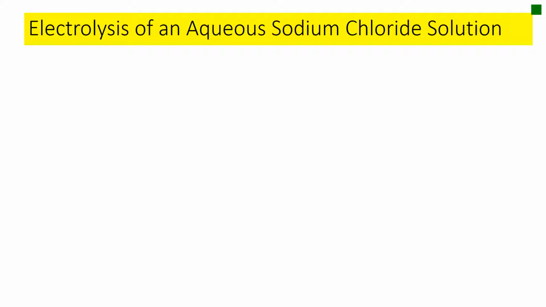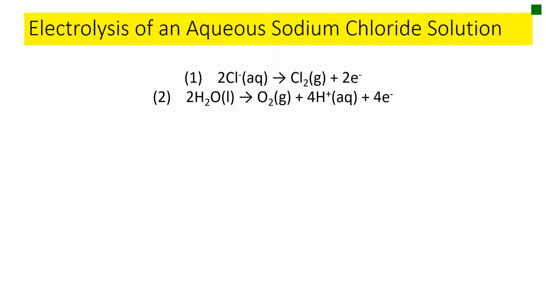The oxidation reactions that can happen at the anode are represented by these two equations, 1 and 2, for chloride and for water. The values of 1 and 2 simply imply that water, or H2O, should be oxidized at the anode.